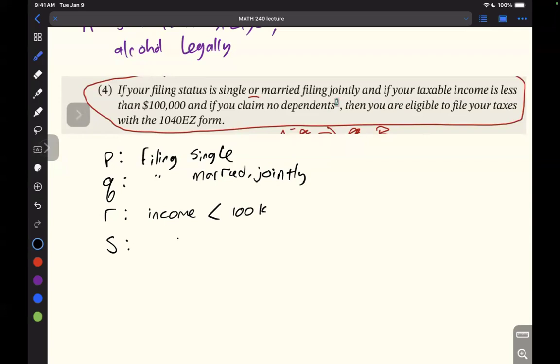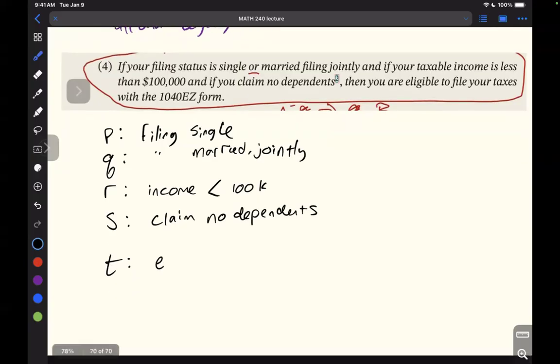And then S is claim no dependents. And then T is you are eligible. $10.40 Z.